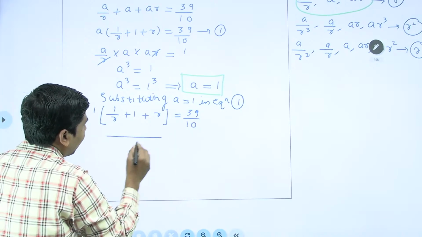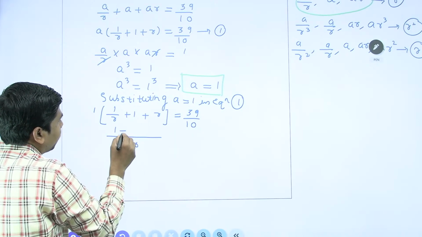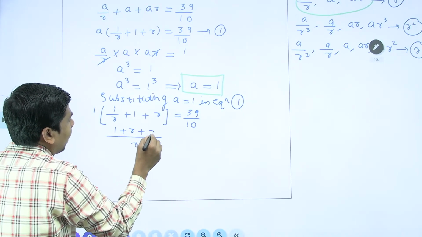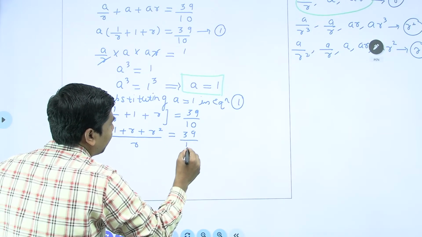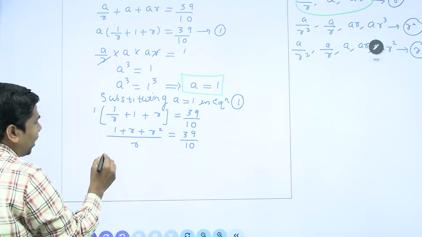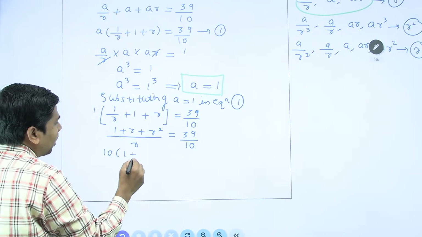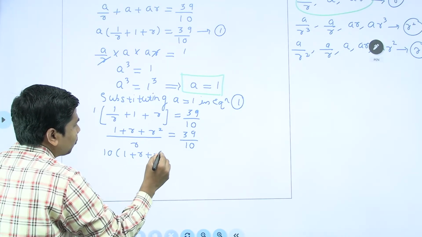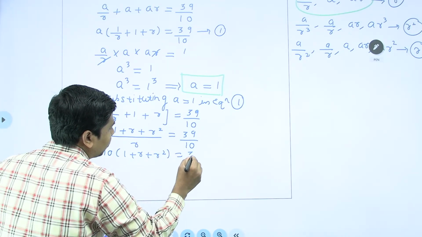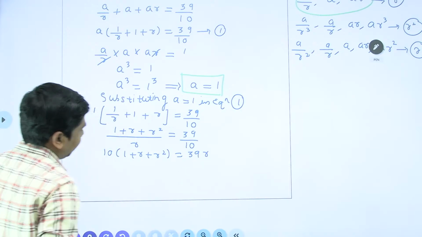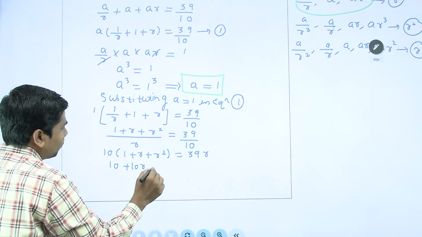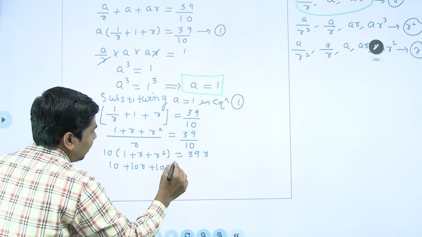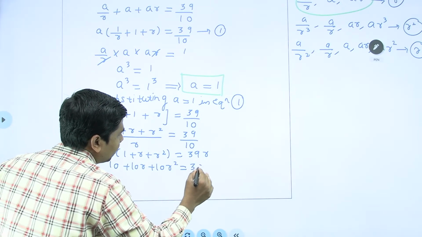If we take R as the LCM, 1 plus R square equal to 39 by 10. Cross multiply: 10 into 1 plus R square equal to 39R. 10 ones are 10, plus 10R, plus 10R square equal to 39R.